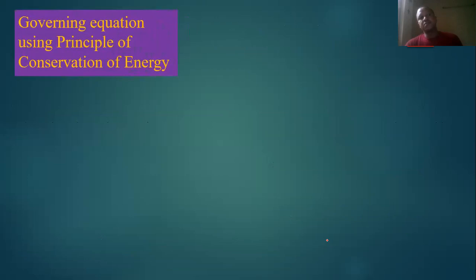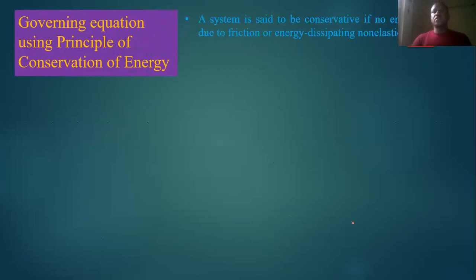Governing equation from the principle of conservation of energy. This energy conservation is also another method. A system is said to be conserved if no energy is lost due to friction or energy dissipation in non-elastic members.